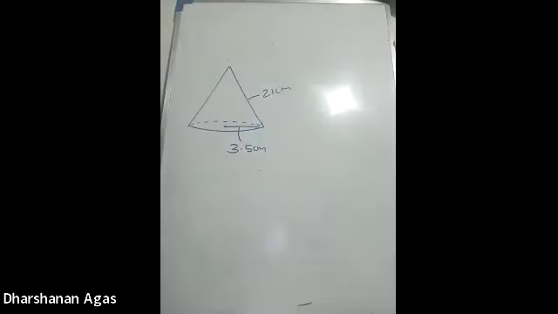Third question, find the total surface area. First question, find the base area of the given cone. Second one, find the curved surface of the cone, that means the area of the curved surface. Third one, find the total surface area.